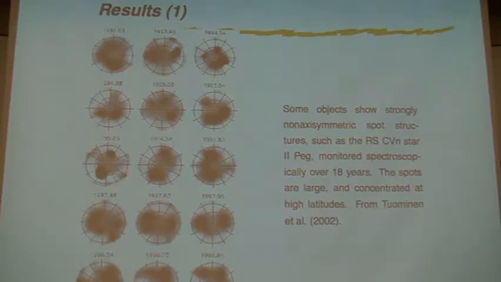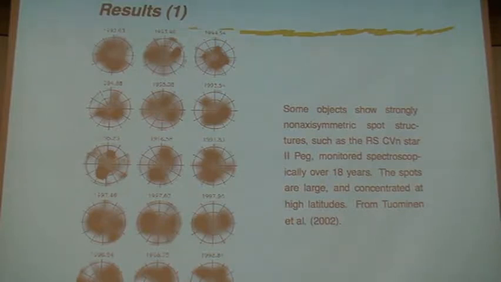I think this is now, I'm not sure if it's 75 or 60 degrees, the first circle. And you see that they cover a very large amount of the surface of the star. And you also tend to see that many times these spots are separated by 180 degrees in longitude.